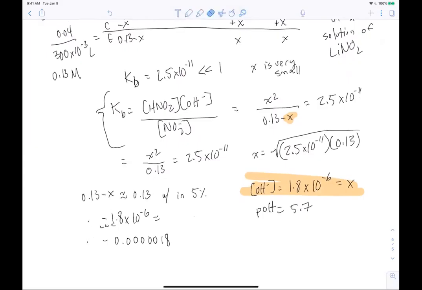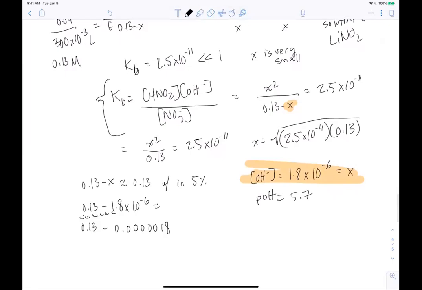Trying to get rid of my little scribble scratch there to keep track of the zeros. But what does this number equal? 0.13 minus 0.000018.